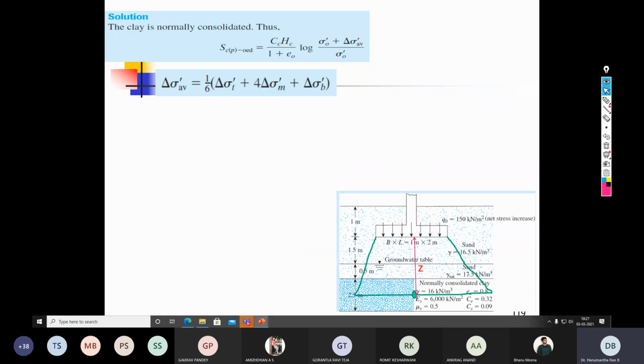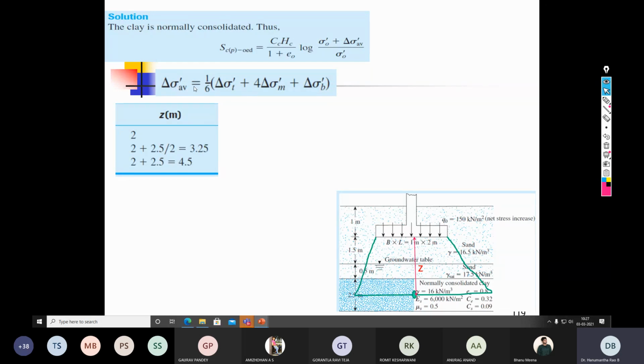So this is what we assumed for delta sigma. In some books, instead of directly calculating sigma dash at the middle, for more accuracy you may sometimes consider another equation. I don't remember the exact name, but you can also use this formula.